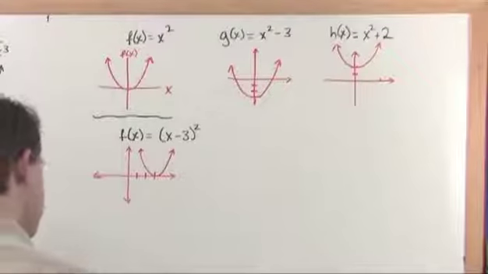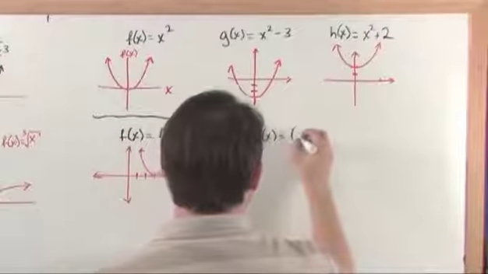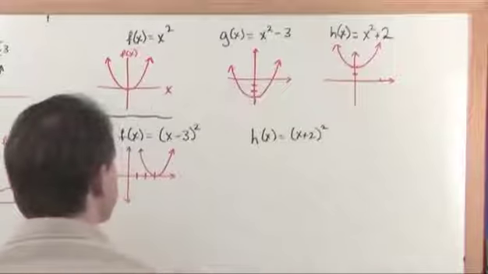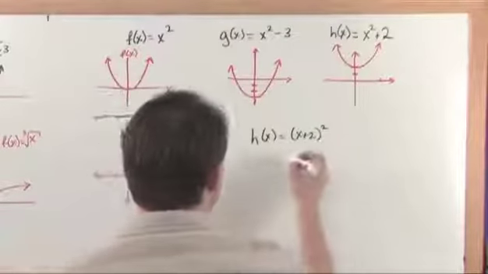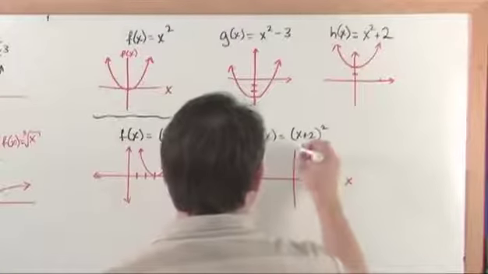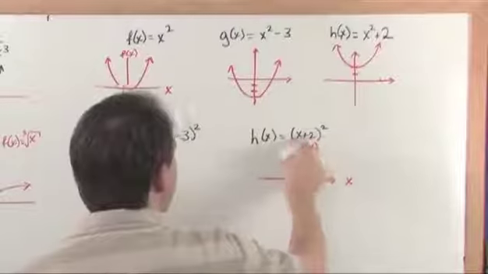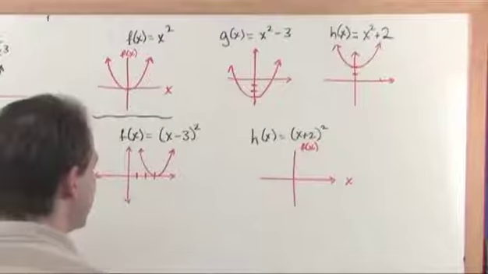Okay? Now, what if you wanted to graph h of x is equal to (x plus 2) squared? Then what you would have to do is look at it in a similar manner. You have x and f of x. It's the same thing. You've got x squared going on, but instead of x minus something, you've got an x plus something.